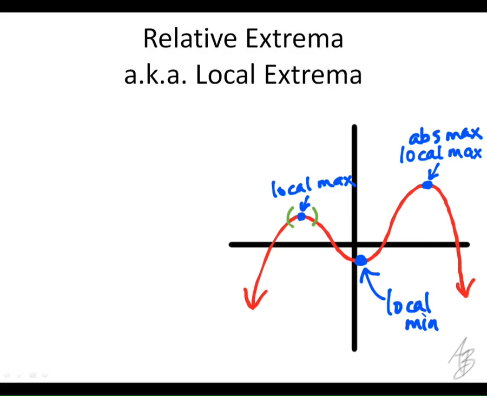All right? So the idea of a local or a relative minimum or maximum is it's an extreme within its own neighborhood. All right? And there's a way in calculus to formalize that. We don't need to be extremely formal about it as long as you understand what it means to be a local extreme. Okay, we good with this?